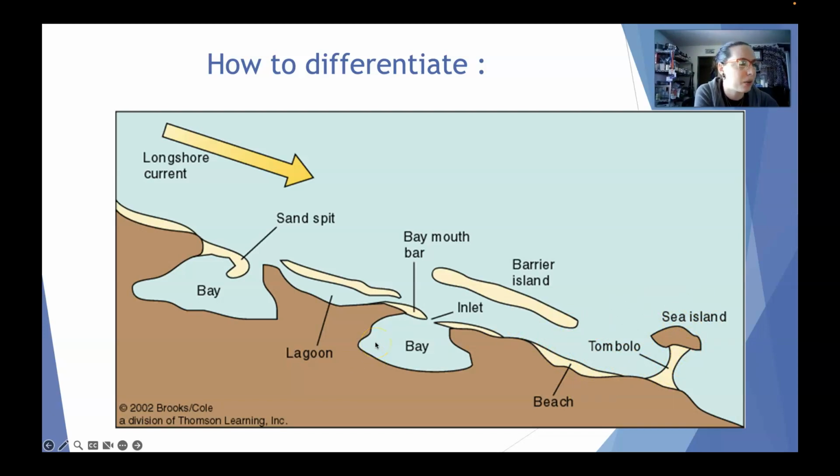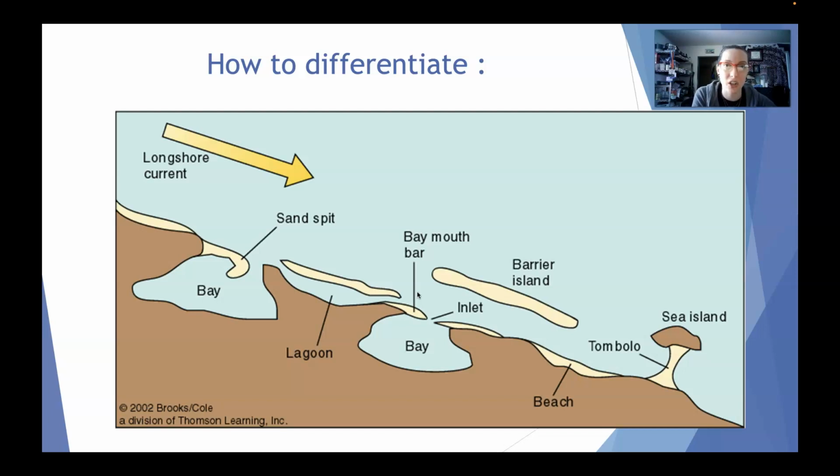So one thing I don't think I really talked about in the previous video in terms of bay mouth bars is a pretty important role that humans can actually play here. So I know that we talked a long time ago, when we talked about sediments, how dredging is pretty detrimental to the health of the bottom of the ocean, right? Because it's pretty destructive.